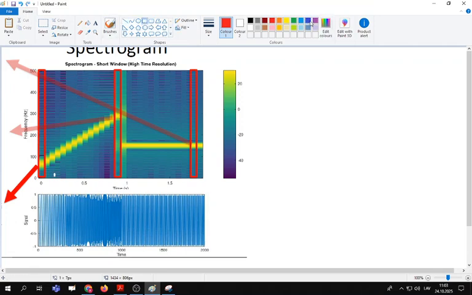Let's use a different color, this one. This is the window size, and you are limited to having to deal with the frequency being constant over this time duration, because that's exactly what we can see. You can see steps here, one step, another step, and for each step the frequency doesn't change.